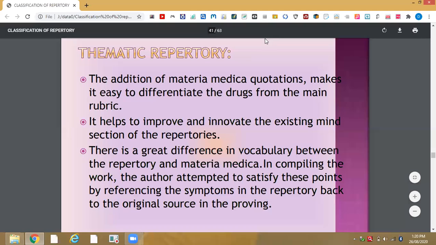Then it helps to improve and innovate the existing mind section of the repertories. In these repertories, the mind section is improved. There is a great difference in vocabulary between the repertory and materia medica. In compiling the work, the author attempted to satisfy these points.